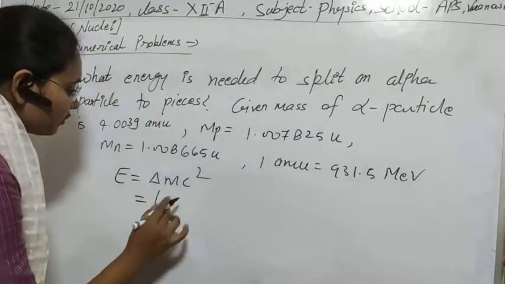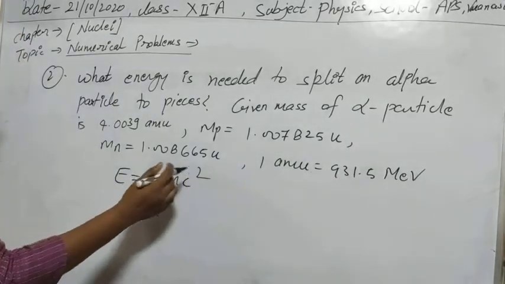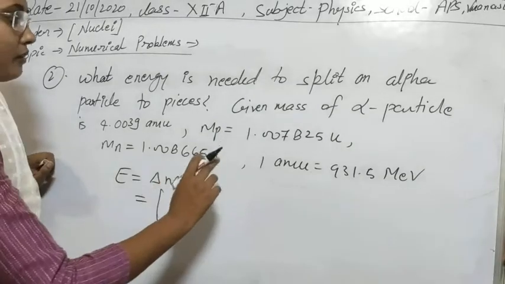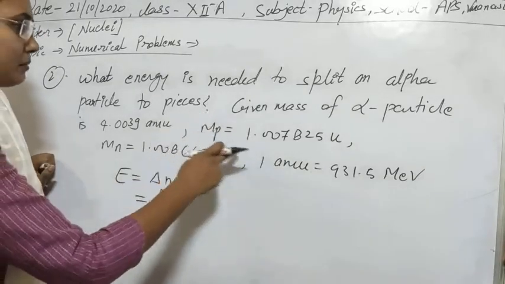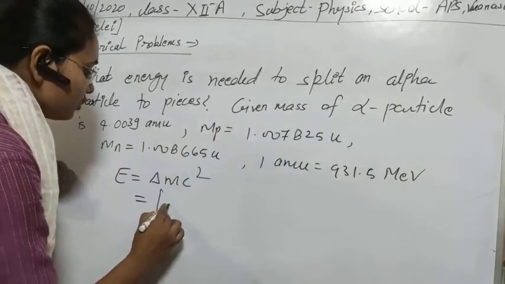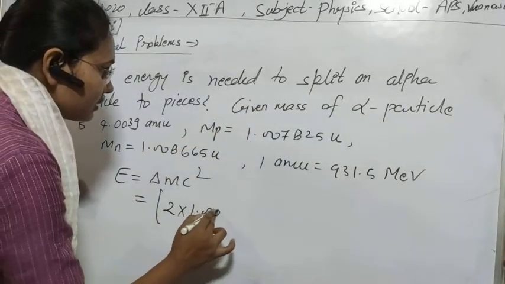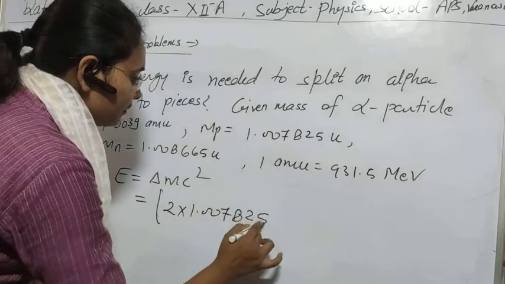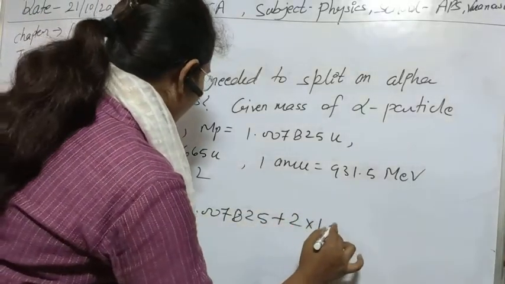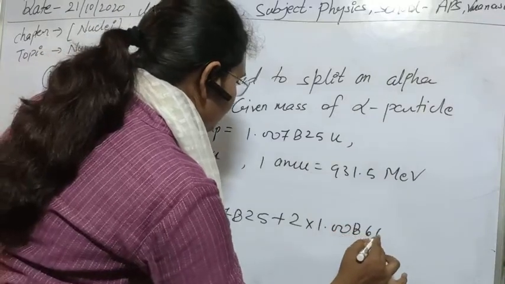So if we want to calculate Δm, what will be Δm? First, this value will be the mass of the constituent particles. And what is the mass of the constituent particles? 2 protons and 2 neutrons. So 2 into 1.007825 plus 2 into the mass of neutron, 1.008665.